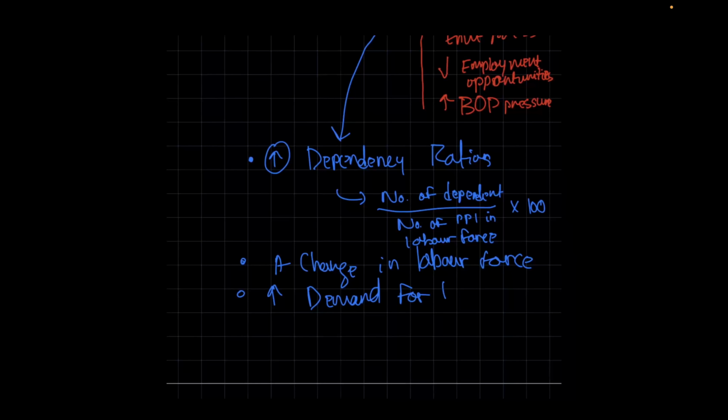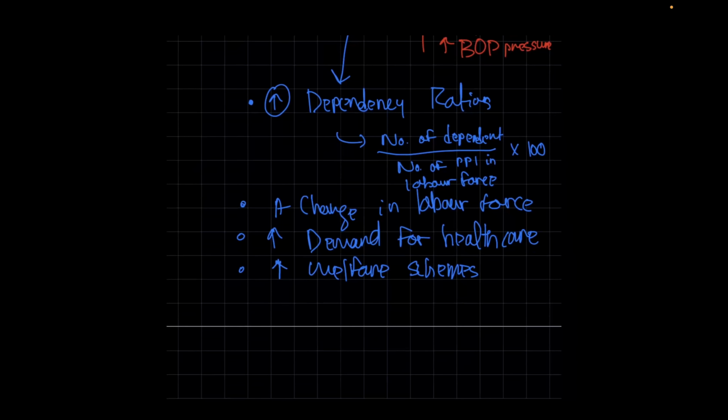This could potentially be dangerous to the economy because now your labor flexibility, labor factor mobility, etc. decreases. Then you have higher welfare schemes needed. By welfare schemes, I'm referring to ideas such as pensions, so the demand for them would increase.